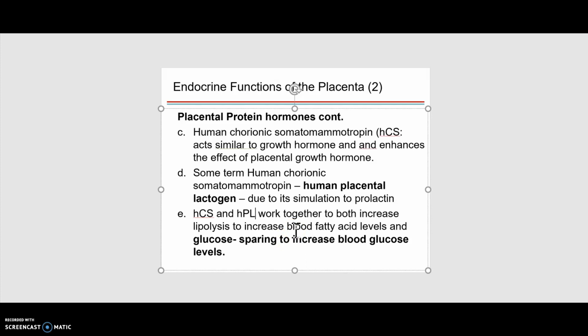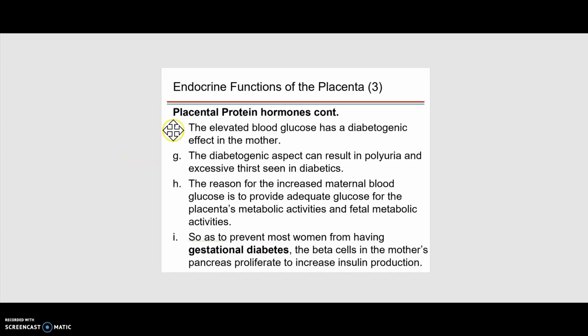If it's too much, then the lady has gestational diabetes, but you're increasing it enough in order for the fetus to have an adequate supply of glucose for energy production. Okay? So, the elevated blood glucose has a diabetogenic effect in the mother. The diabetogenic effect can result in polyuria, polydipsia, all of the various things that you would see with diabetes symptoms.